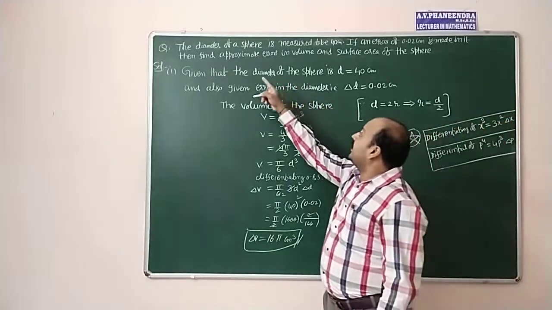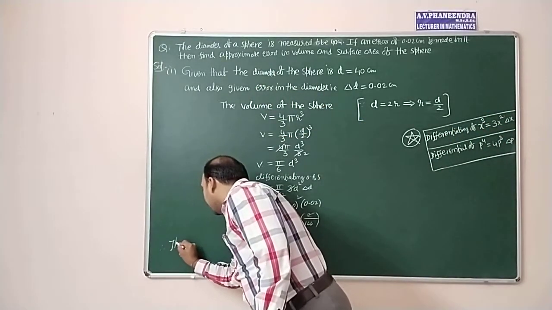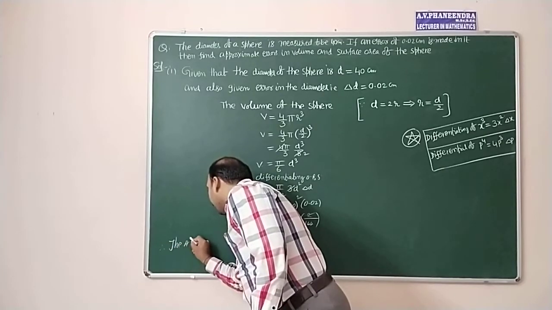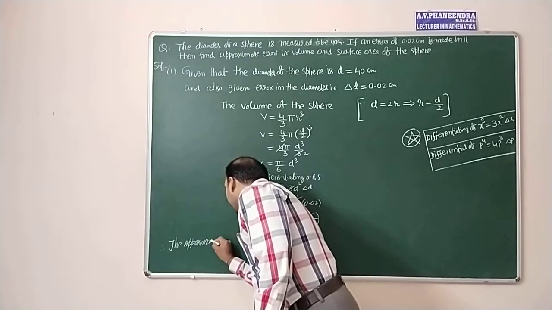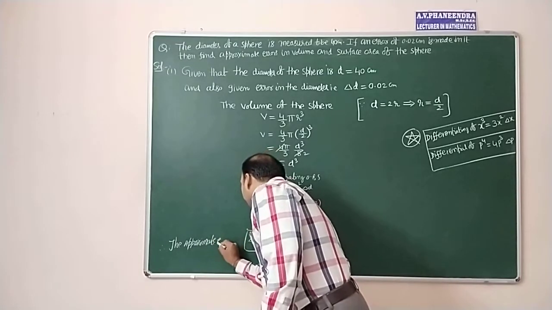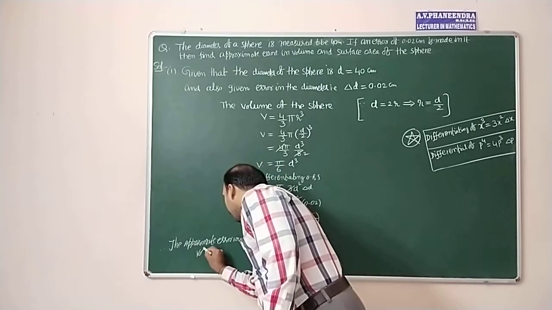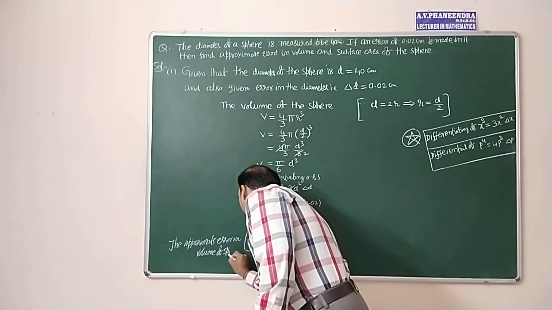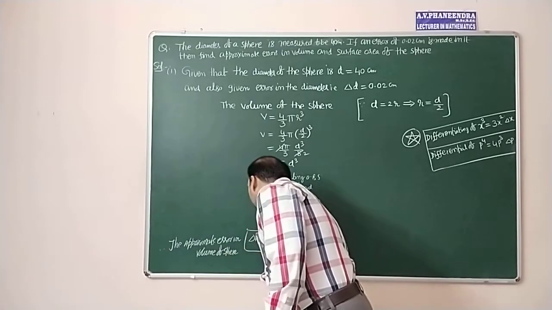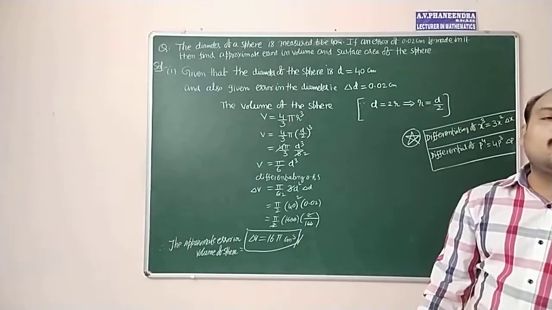This is the approximate error in volume. Therefore, the approximate error delta V in the volume of the sphere.